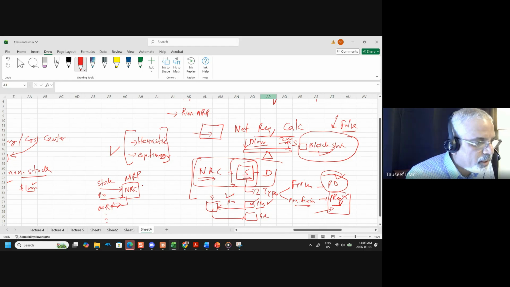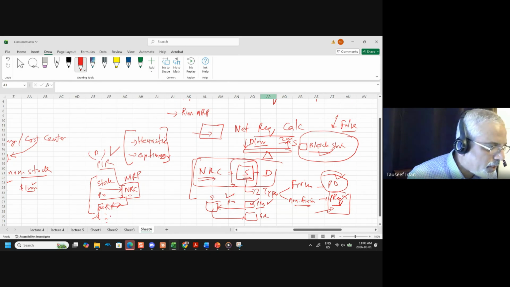It takes the demand data, the plant independent requirement demand data. This is my demand, this is all my types of supply, and this is my configuration parameter, planning data.